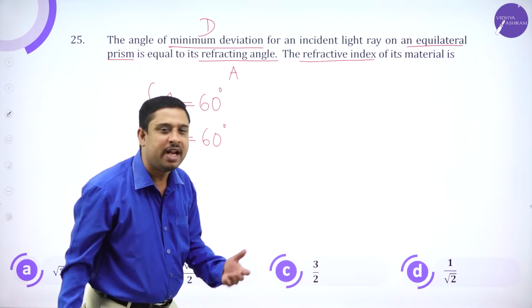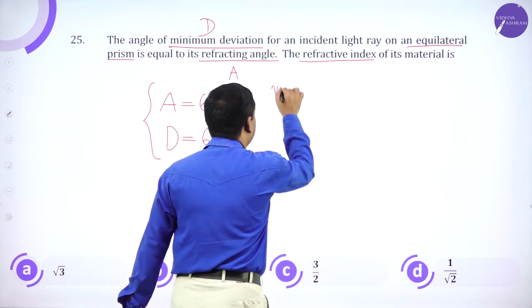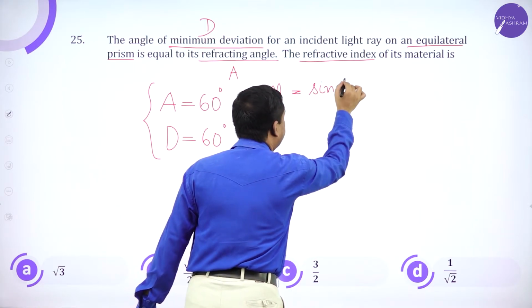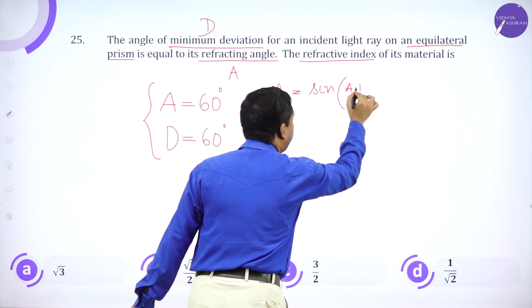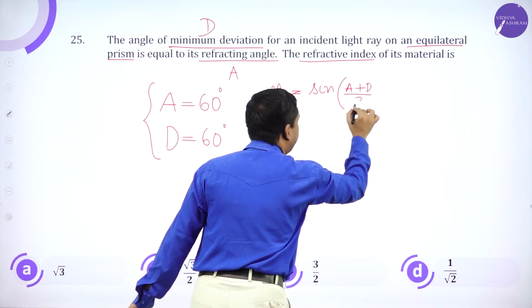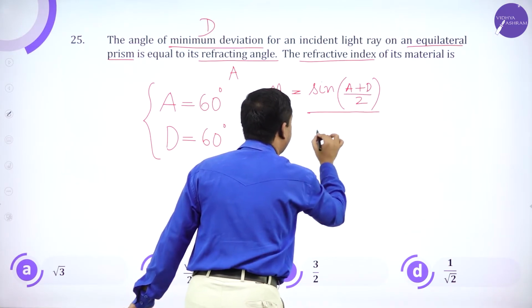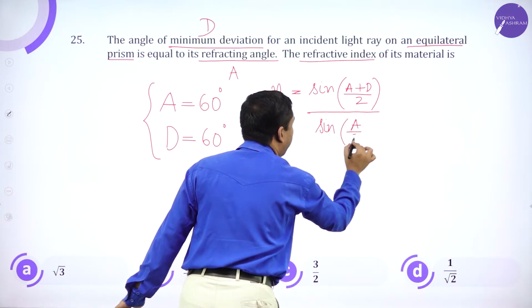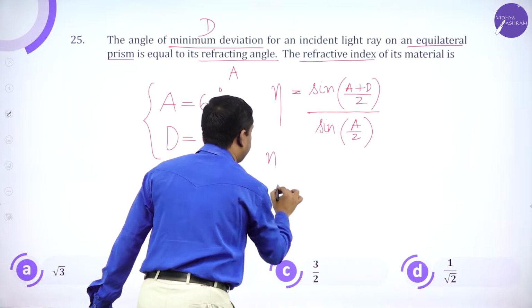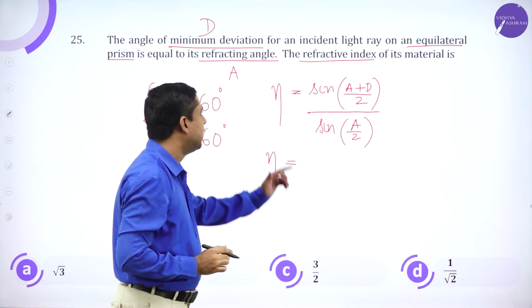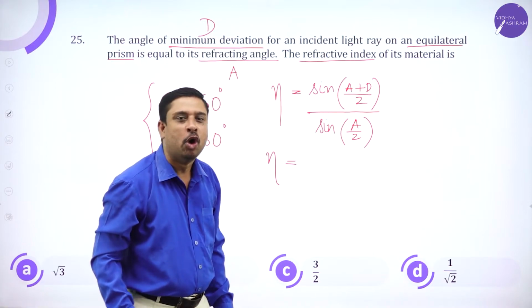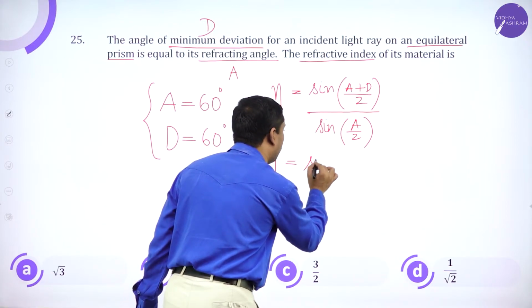How do I calculate the refractive index? A beautifully defined formula. n is sin of (A plus D) divided by 2, divided by sin of A divided by 2, or n equals sin of (60 plus 60) by 2, 120 by 2.